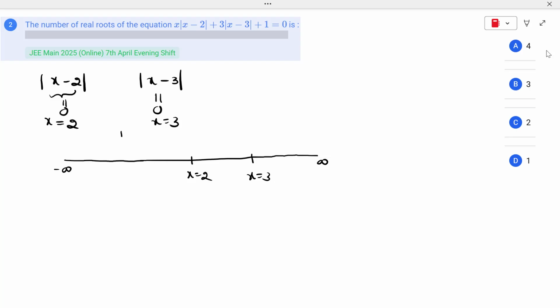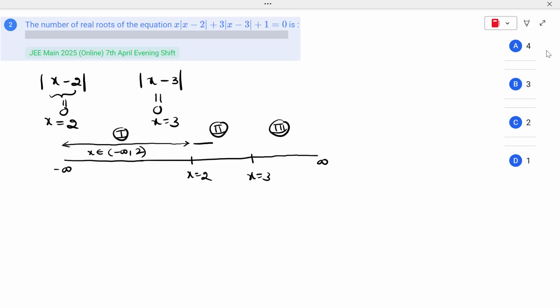We can clearly see this is the first region, this is the second region, and this is the third region. What is the first region? The first region is from minus infinity to 2, which means that in this region x belongs to minus infinity to 2.